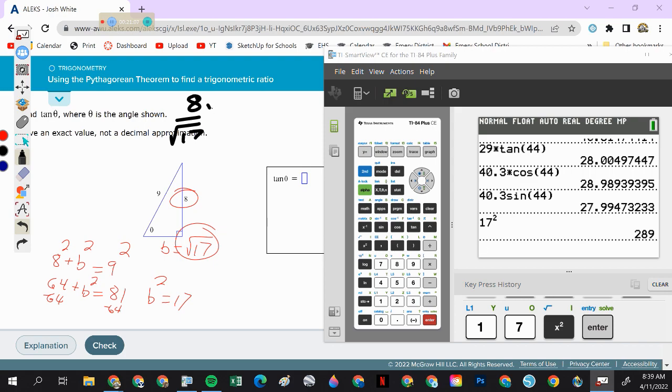We times it by root 17 over root 17. And the top becomes 8 root 17. And the bottom is just the square root of 17 squared, which is 17. So the tangent of that angle is 8 root 17 over 17.